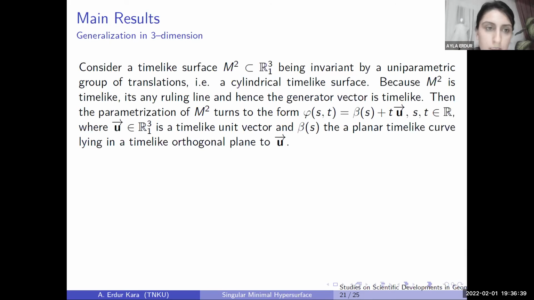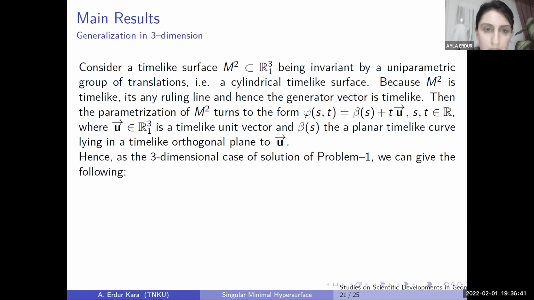And finally, consider timelike surfaces invariant under a uniparametric group of translations.